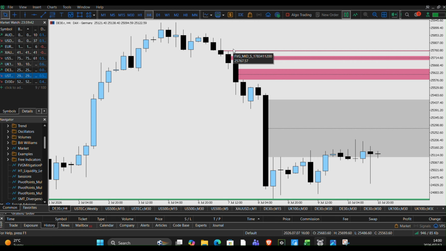So as I was saying, the bearish fair value gaps are showing. These ones have not been mitigated, therefore they are kept red. As you can see, this was a bearish fair value gap that got mitigated here and then kept on getting traded into, and it turned from red to silver.